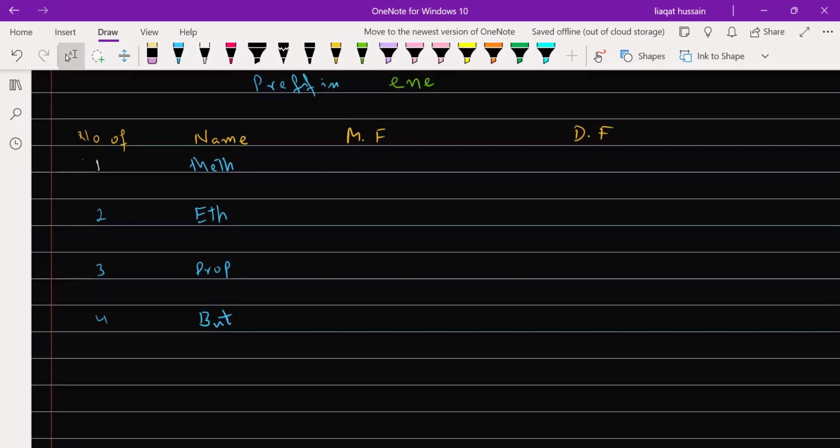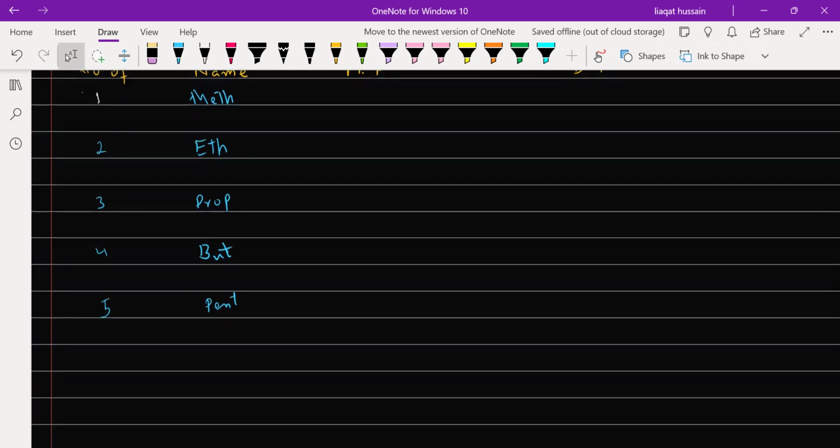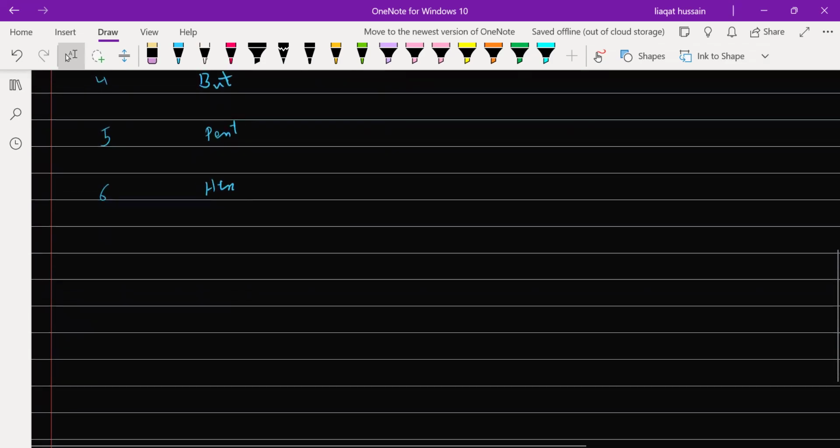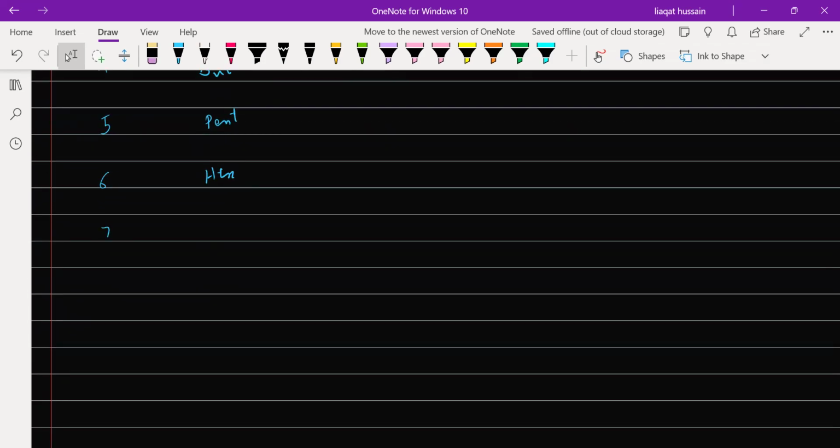If you have 5 carbons, then it will be known as pent. 6 will be known as hex, 7 as hept, 8 as oct, 9 as non, and 10 is dec.